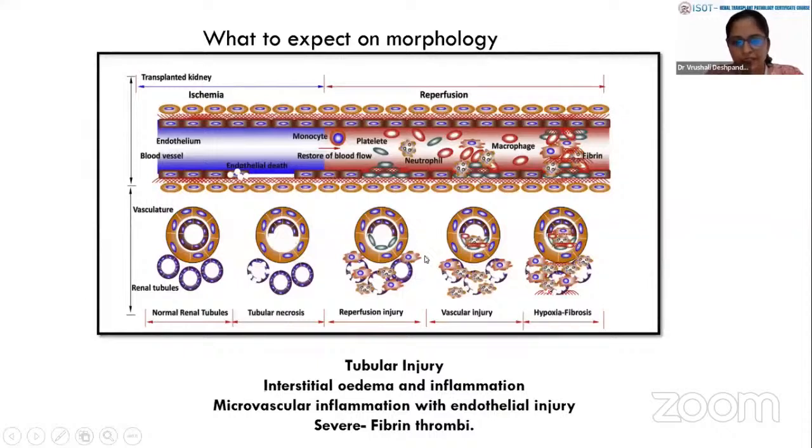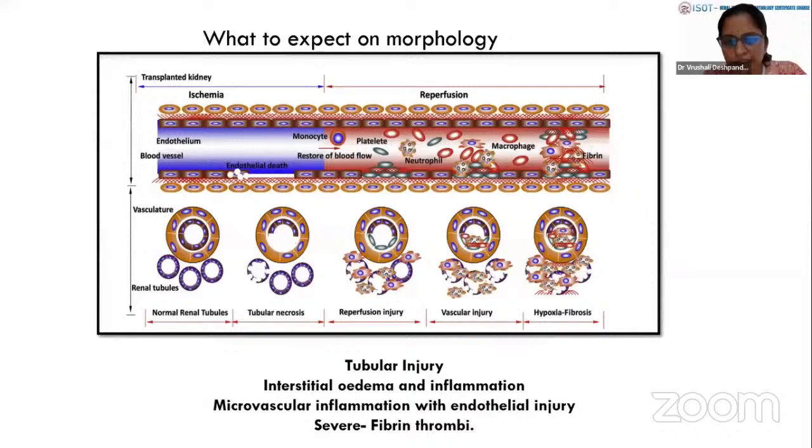But at this time, we can expect some interstitial edema, recruitment of inflammatory cells in the interstitium, then the endothelial damage. The endothelial damage attracts the neutrophils and macrophages. There is exposure of the subendothelial procoagulant tissue. We can expect some activation of complement and coagulation in severe damage to the endothelium.